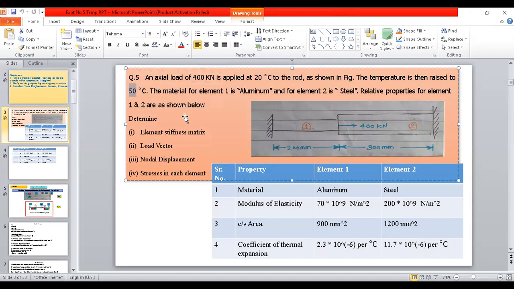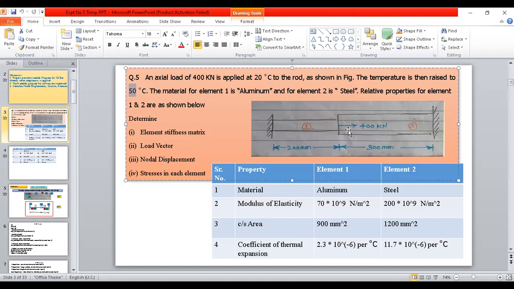Due to that temperature difference, strain or stresses may be induced in the element. So 50 minus 20 is 30. So a 30 degree temperature increase is applied on the element, and due to that, strain and stresses are induced within the element. That is the effect of temperature.